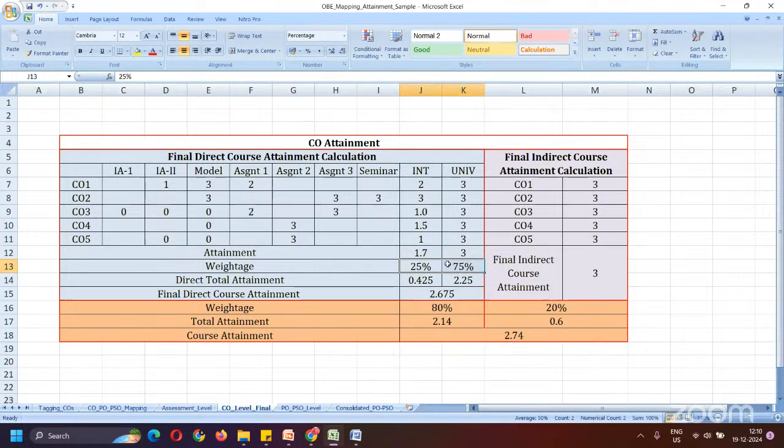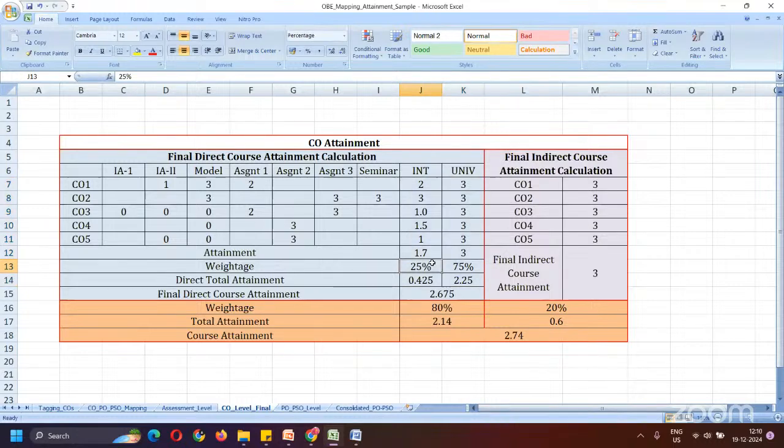If it is 80/20, I'll be giving 25 percent weightage for internal attainment, and 75% weightage I'll be taking from the university exam, which is the attainment of the COs based on your end semester examination. That is given more weightage because that is how our internal-external system is defined.